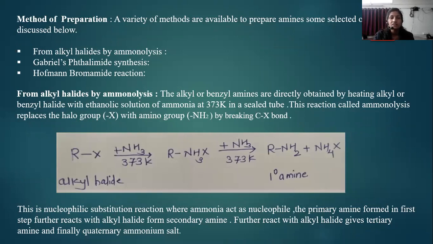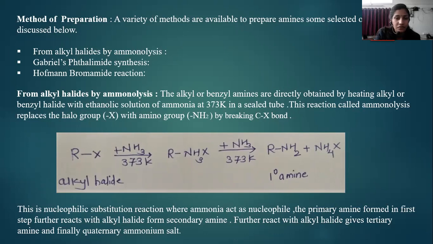In this reaction, alkyl or benzyl amines are directly obtained by heating alkyl or benzyl halide with an ethanolic solution of ammonia at 373 Kelvin in a sealed tube. This reaction is called aminolysis, replacing the halo group X with the amino group, breaking the carbon-halide bond, the C-X bond.